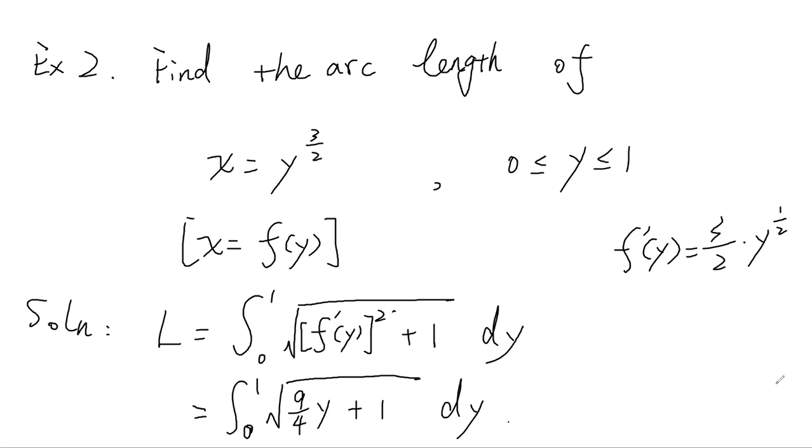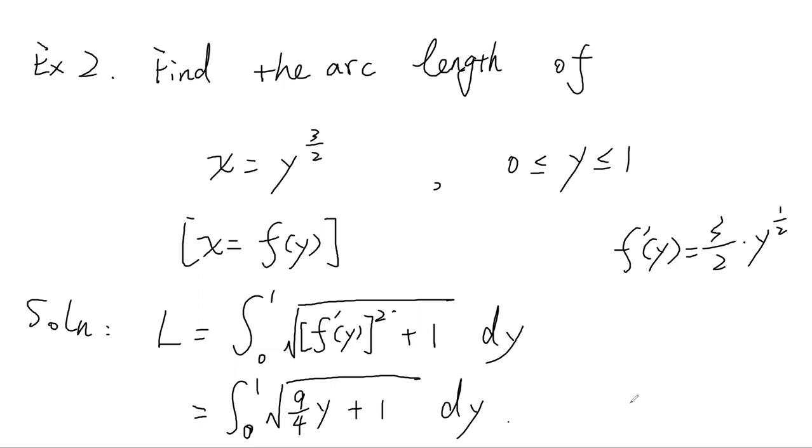So for this kind of integral, when you have the square root of some first order function, because the order of y is just 1 inside the square root, you can just let u be whatever is inside the square root. That's 9/4 times y plus 1.